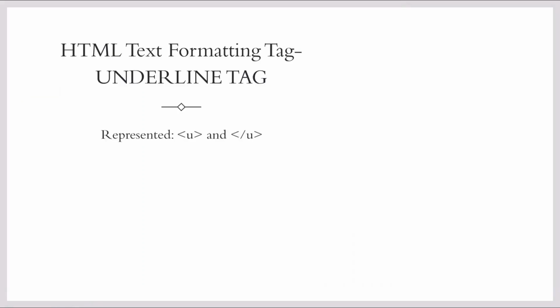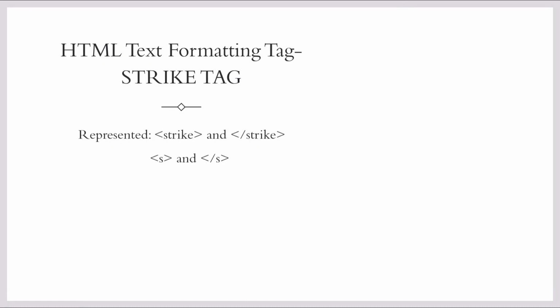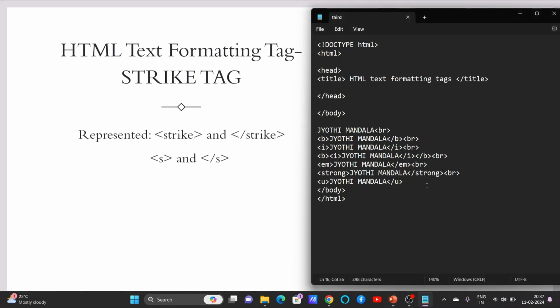Sometimes you need to strike through some text. For that, you can use the strike opening and closing tag, or simply the S opening and closing tag, to create a strike-through effect. Applying the effect on the same text.